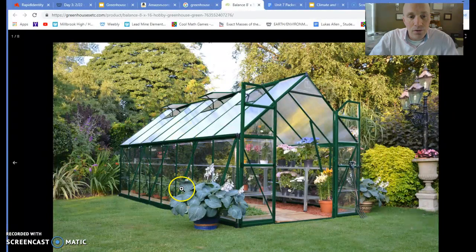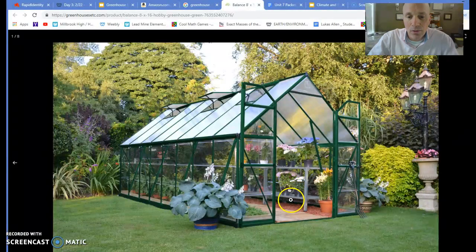So the way this works is imagine you have this structure and you close all these doors. These are some doors right here which are made of glass. These are some panels that are open. But if we closed all the doors and let the sun shine through this, the energy from the sunlight is going to come down and some of the things inside the greenhouse are going to absorb that heat.